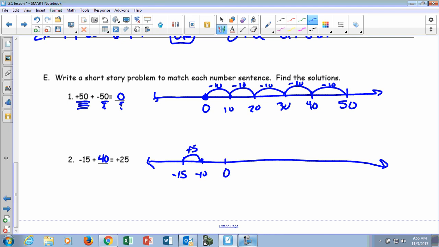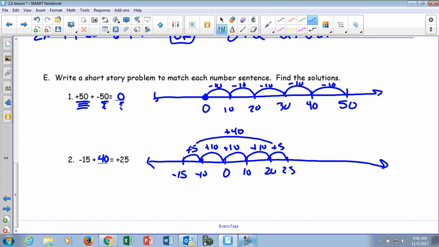Then if I go to 0, I'm increasing by 10. Another 10, and I'm at 20 now, there's another 10. I've got to get to 25, and 25 is an increase of another 5. So when I add all these up together, I get 40.